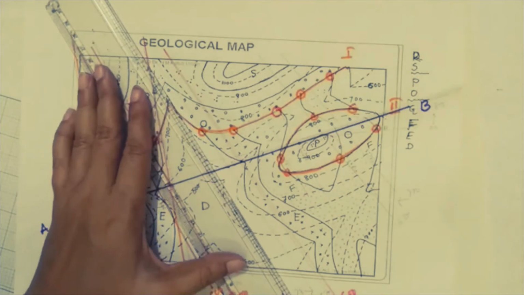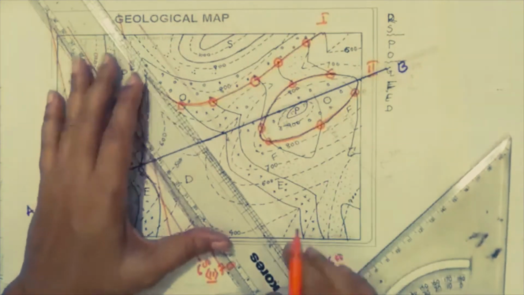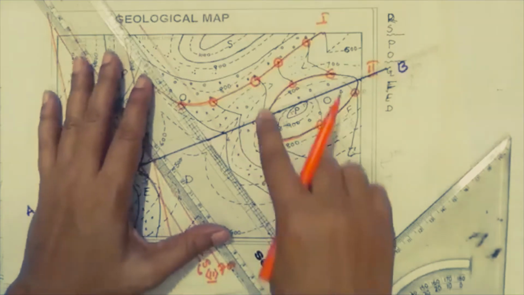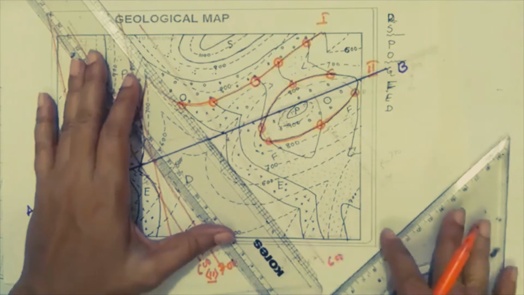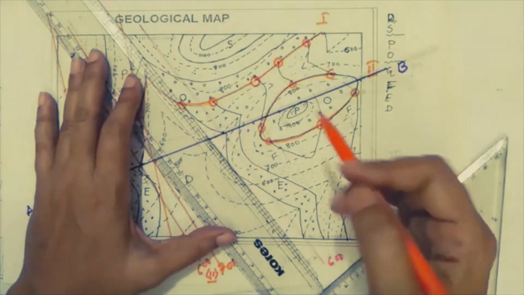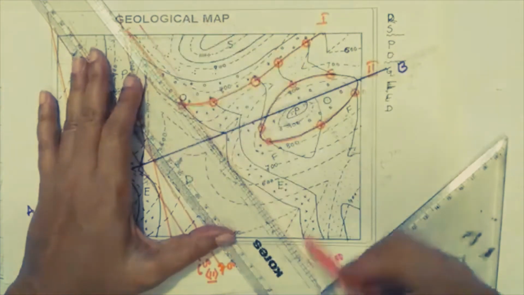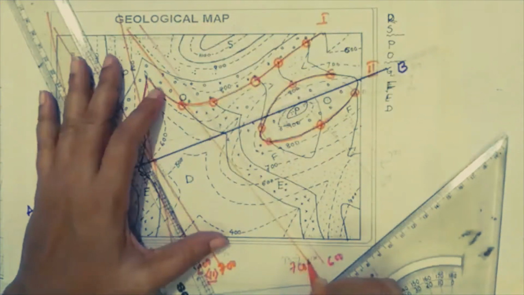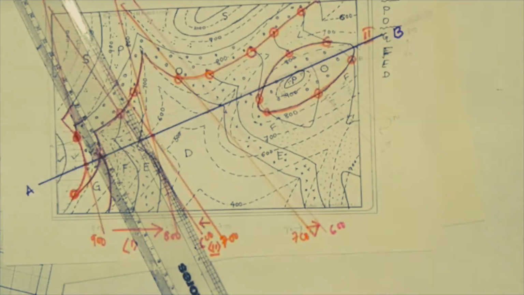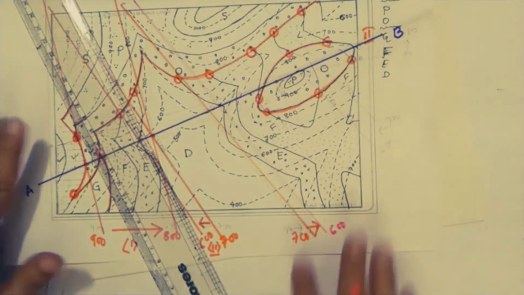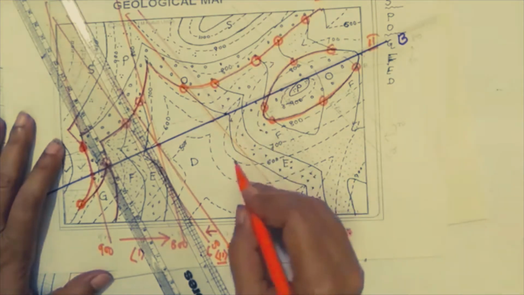With the help of set square, draw a parallel line to that. This is the contour value of 700 feet. Obviously the dip will be 700 to 600. So the dip of these beds is in that direction.